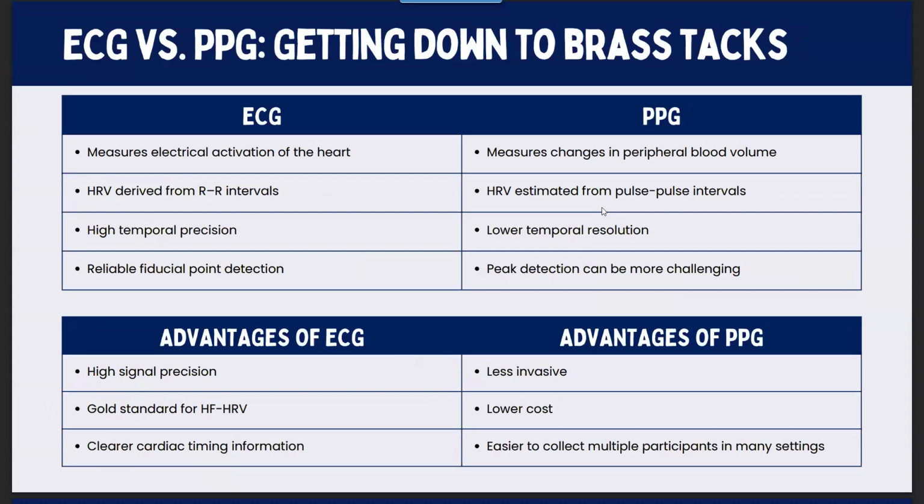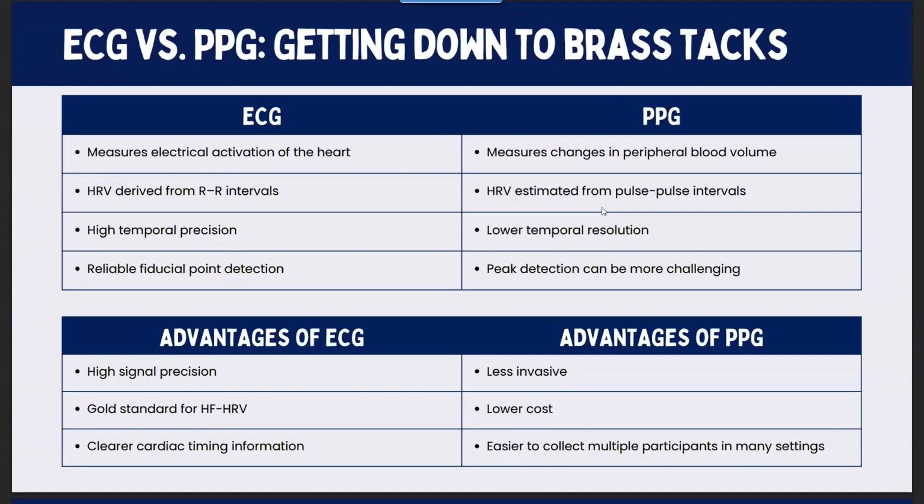Versus with PPG, we're not looking at the electrical activation of the heart, but instead the peripheral blood volume changes. So here we're able to get this estimation of high frequency heart rate variability, aka really pulse rate variability, via the pulse to pulse intervals.